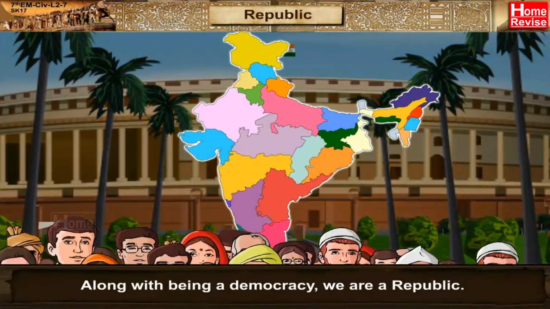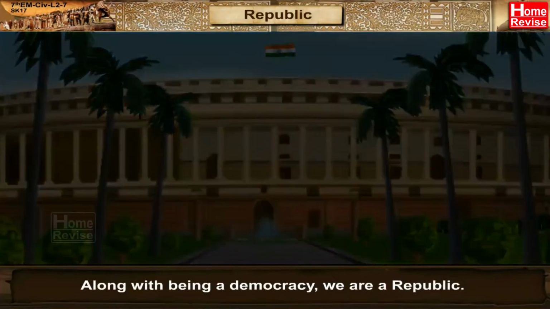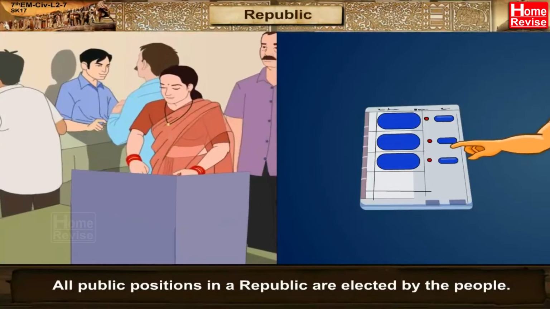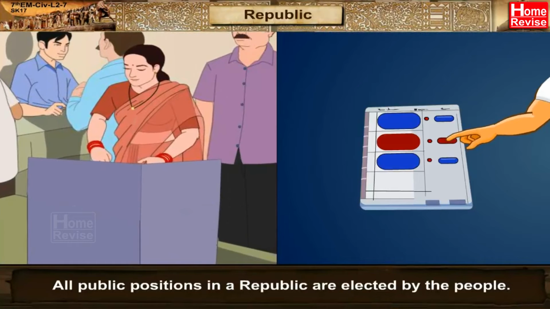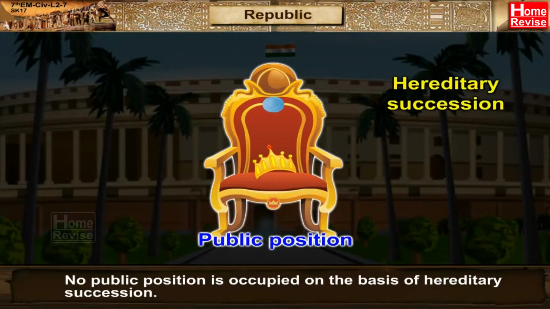Along with being a democracy, we are a republic. All public positions in a republic are elected by the people. No public position is occupied on the basis of hereditary succession.